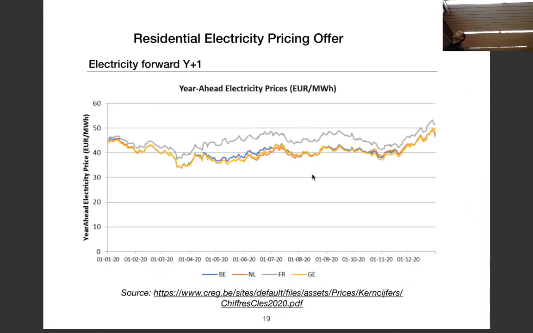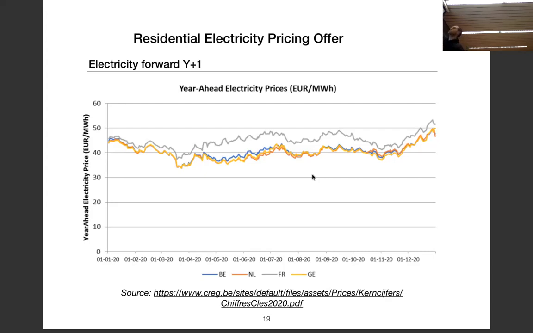So here it is the electricity calendar product for 1 year ahead. And you can see that it fluctuates during the year, but most of the time it does not fluctuate a lot. And you can see that if you compare that to the day-ahead market, it is like that.